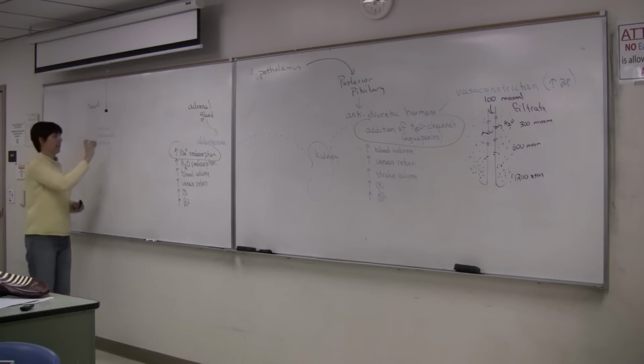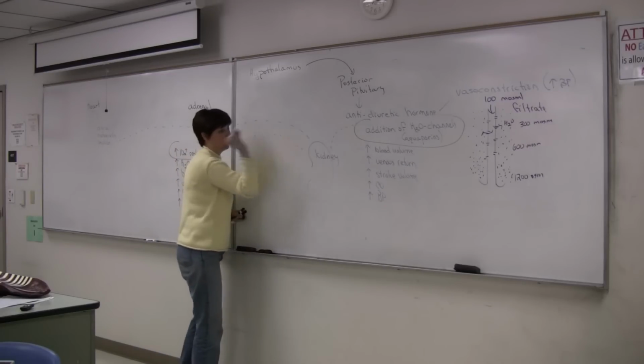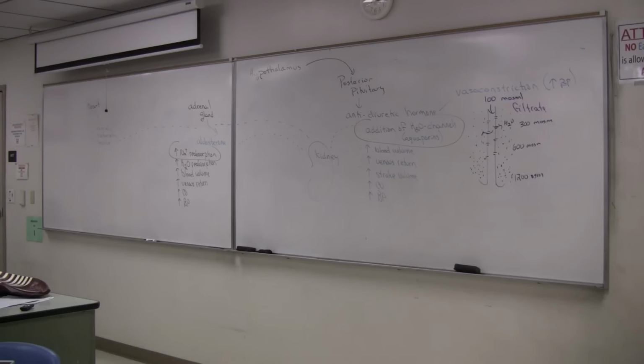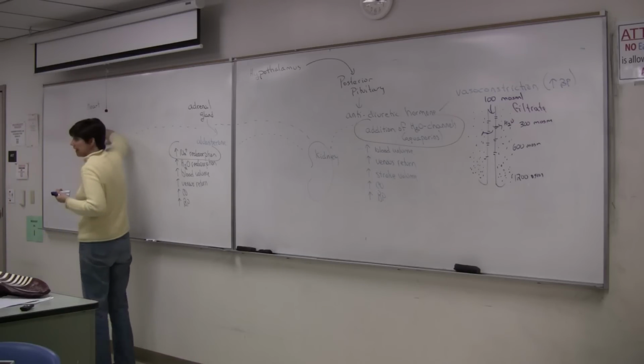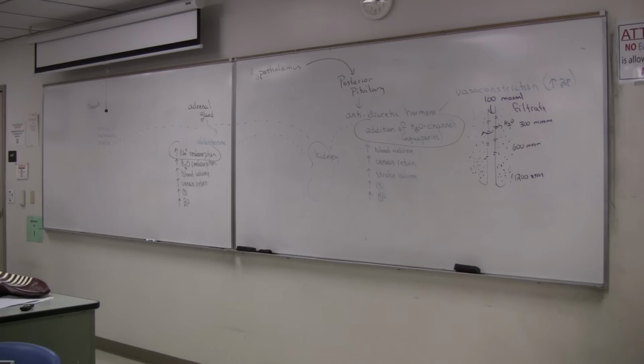No big surprise, it also works on the kidney. Atria, we're talking about the atria of the heart, okay? What do you think natriuretic refers to? What's that? Sodium, okay? So this is going to occur when there's increased venous return. It stretches the atrial muscles.